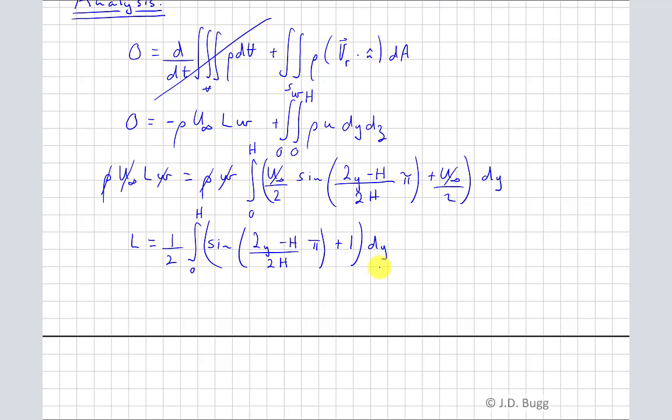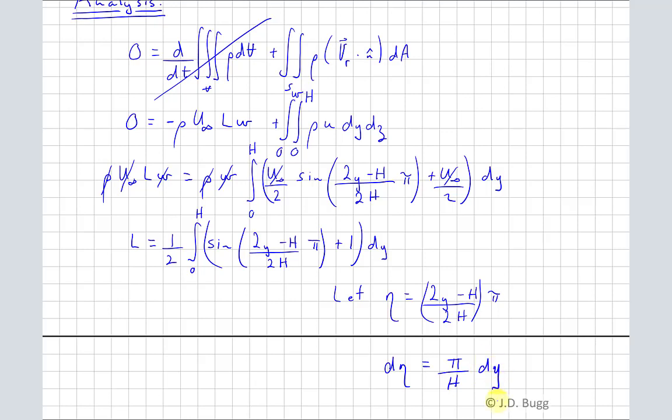Now I think what makes this integration a little bit clearer is if we do a substitution. I'm going to let eta, which is just a temporary variable, be the argument of this sine function. So eta equals (2y minus h over 2h) all multiplied by pi. That's the substitution I'm going to use. If I differentiate this, I can see that d eta is equal to pi over h dy.